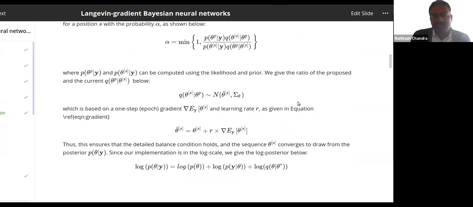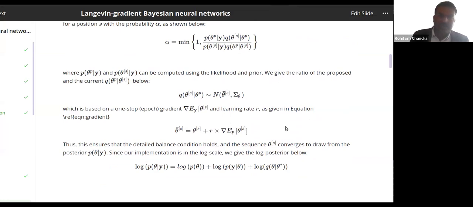In this case, we are considering a Langevin gradient proposal distribution. We need to compute the Q ratio in here. This ratio is of the proposed and current values of the proposal distribution. So we are going to compute the ratio for the proposal distribution.